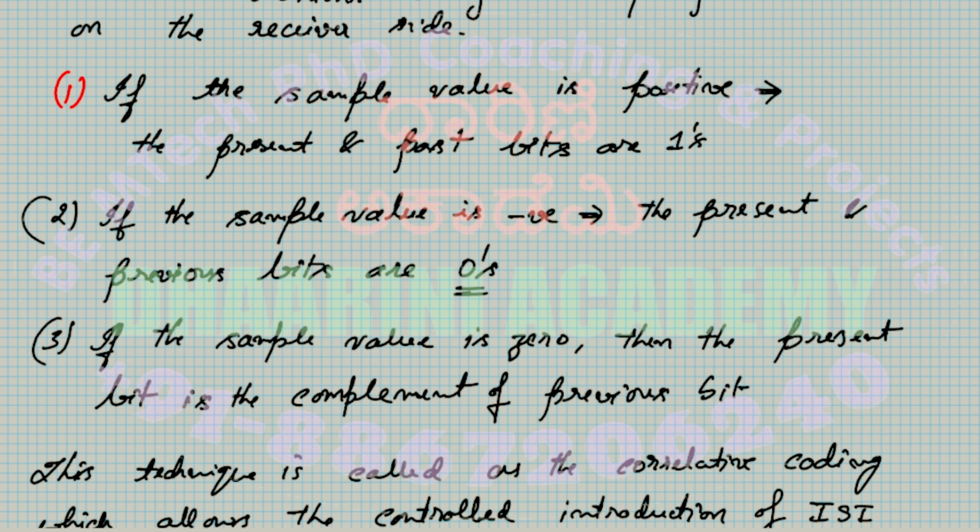Now, if you use this particular way of coding for pulse shaping, as a technique, it's a coding technique called correlative coding, right? The idea behind correlative coding is that you try to introduce the ISI in a very controlled fashion.